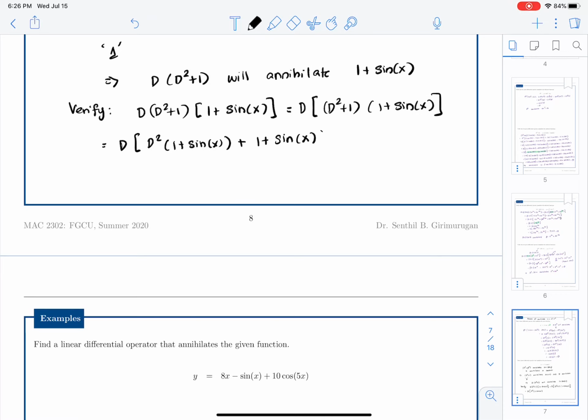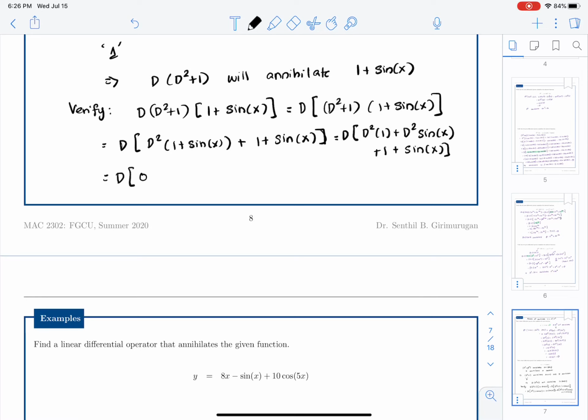I'm distributing. So D squared of 1 plus D squared of sine x plus 1 plus sine x.